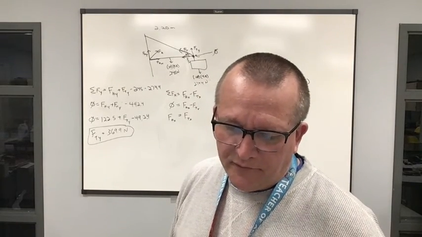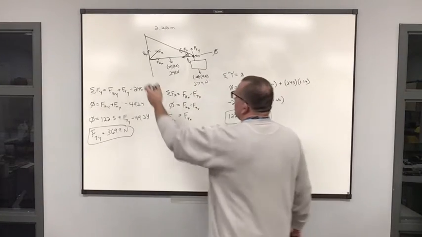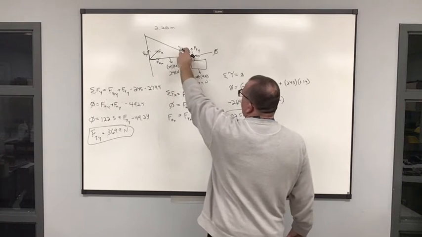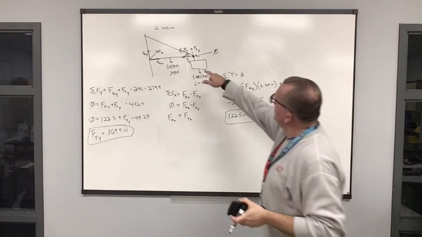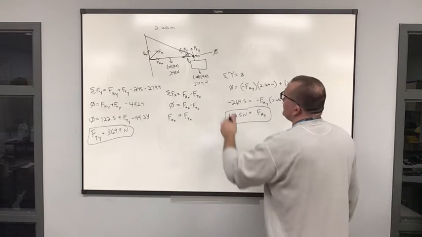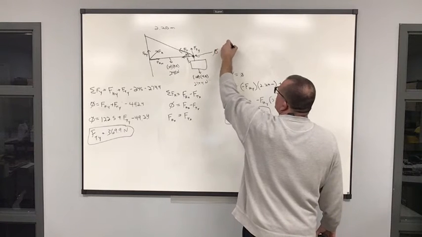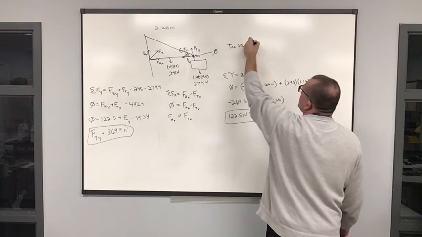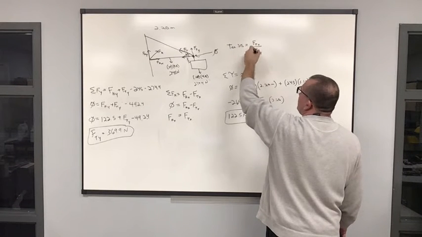And then from there, I can start to find other things. So now that I know my y component, and I know the angle's 30 degrees here, I can work my way through and use tangent to find my F tension of x. So the tangent of 30 is equal to opposite, which is F tension of x over F tension of y.